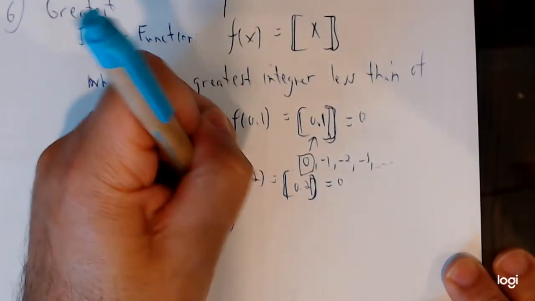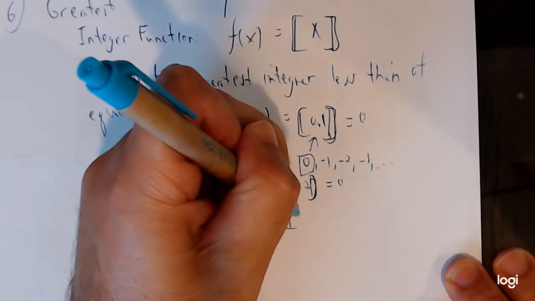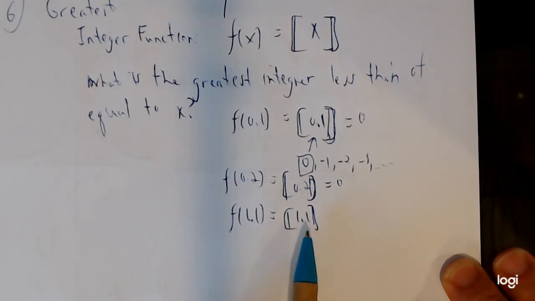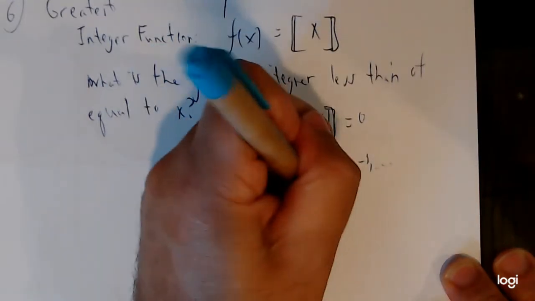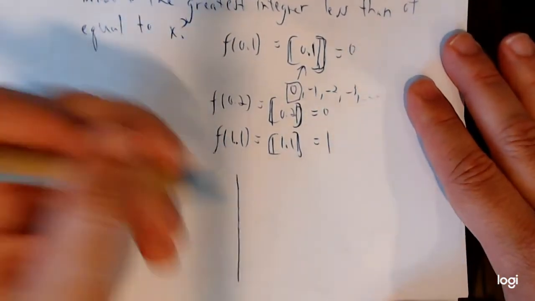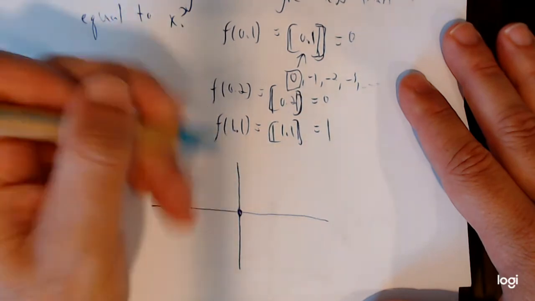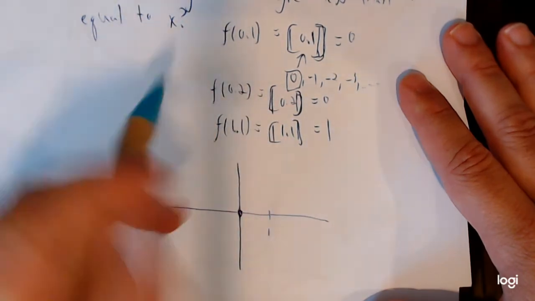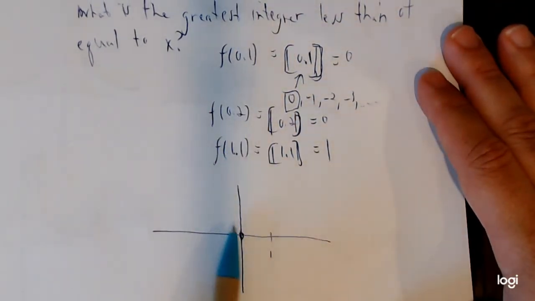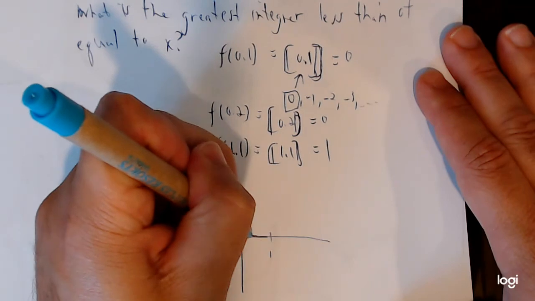Now, what if I did f of 1.1? What's the greatest integer less than or equal to 1.1? If you think about it, it is 1. So what we're starting to notice is how it looks, and that's why it gets the name step function. At 0, it's 0. The greatest integer less than or equal to anything between 0 and 1 is always just going to be 0.